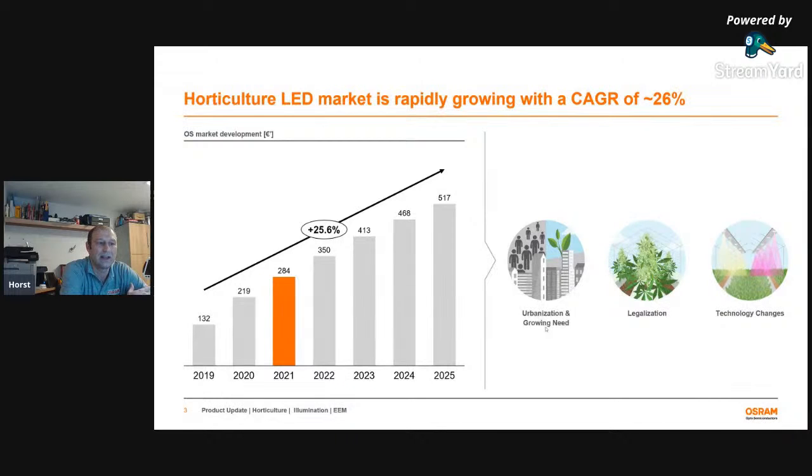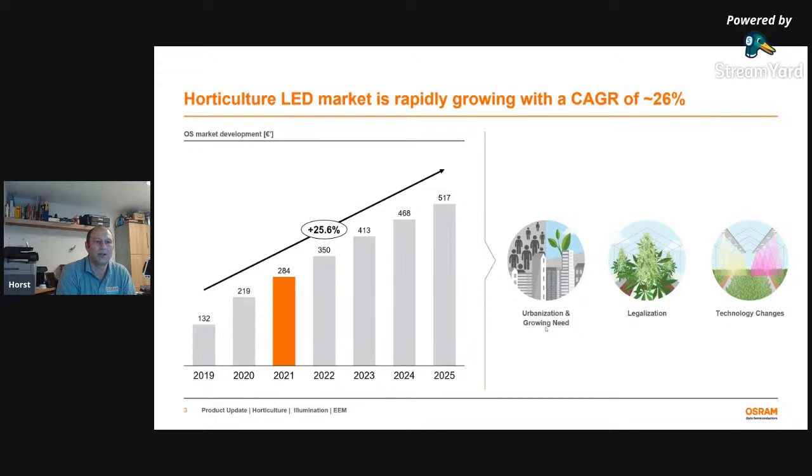Also the legalization of medical cannabis is going on or in process, and for these applications we can also address the right light with the right amount of light, and this is also boosting this development, this evolution.